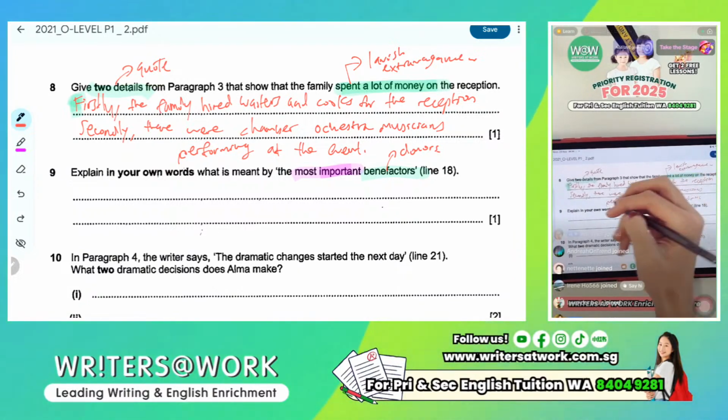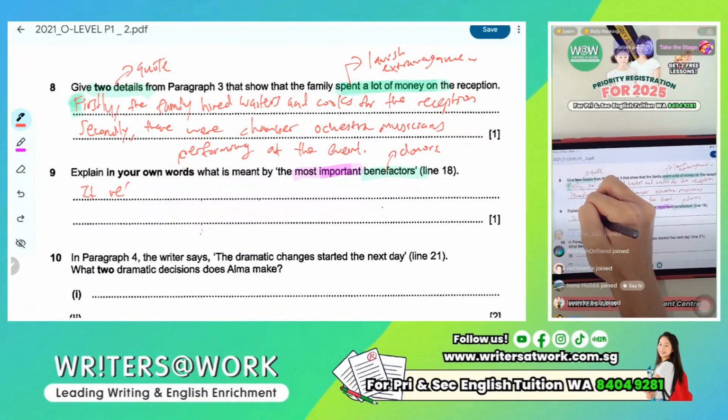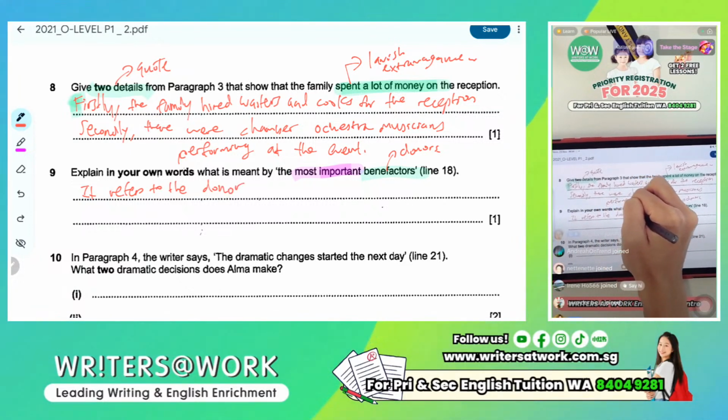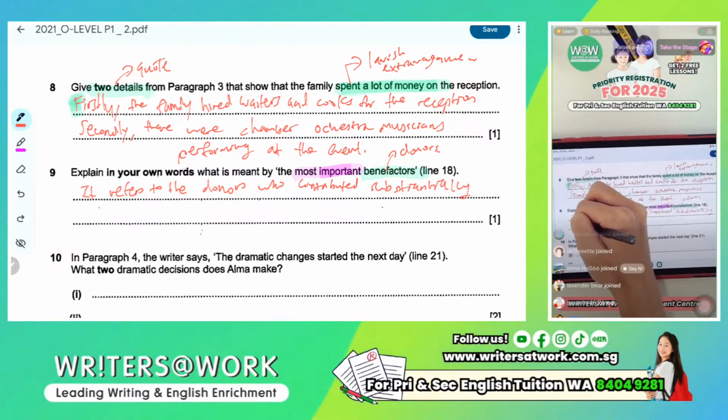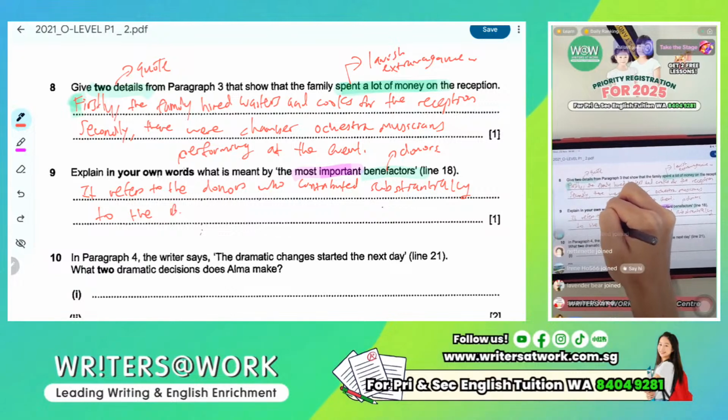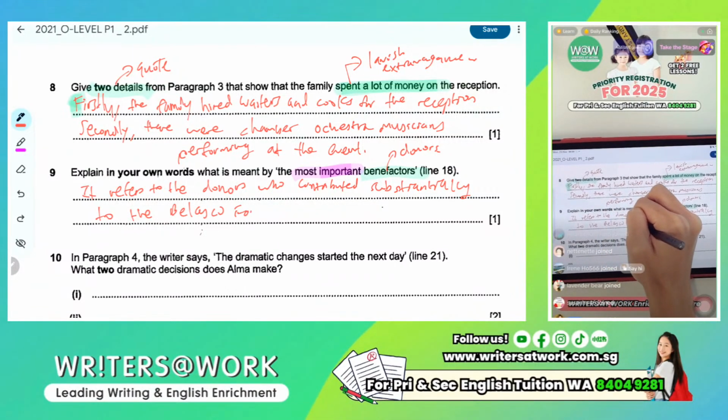So you will just refer to the donors who contributed substantially, that means contributed a lot of things and money to the Belasco Foundation. Okay, so this one is quite straightforward.